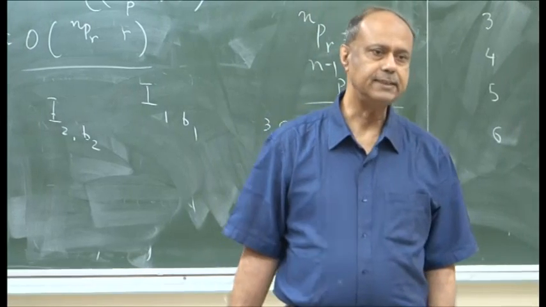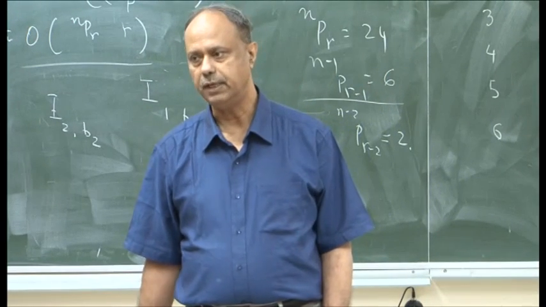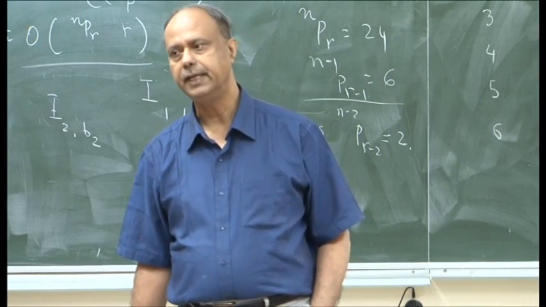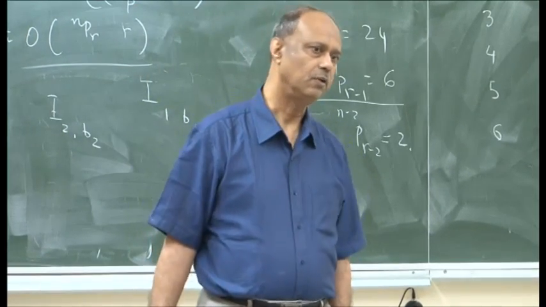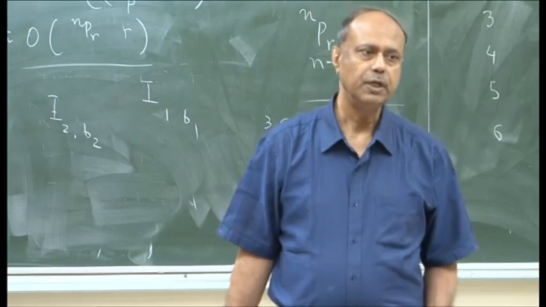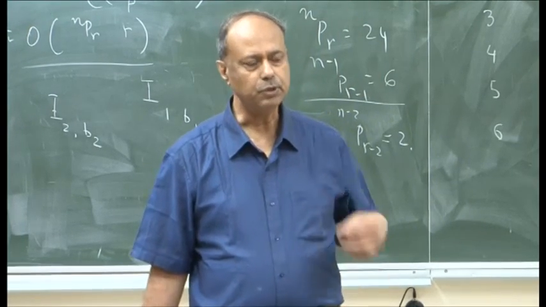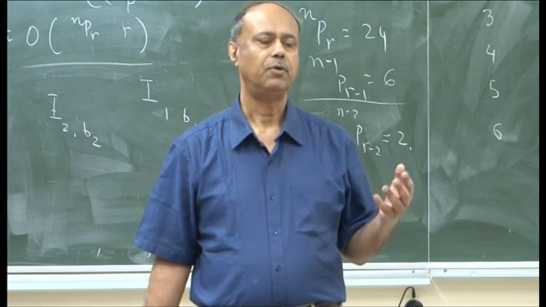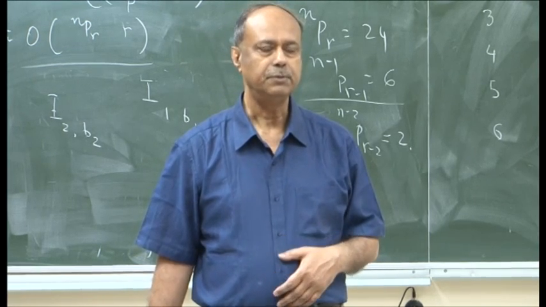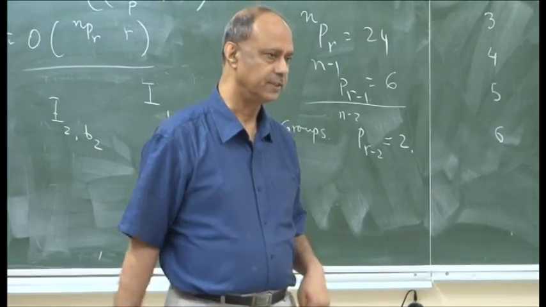Insertion of any element in the balanced binary tree is also order log n, and deletion also takes order log n. We want to modify this data structure so that it can be used for our permutation generation.